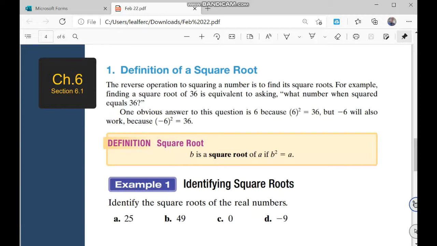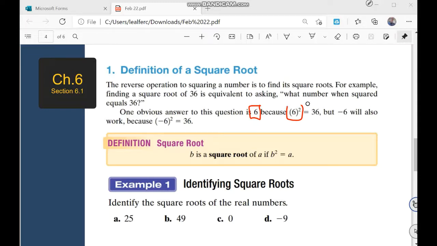If you're squaring number 6, you're going to have 6 squared equals 36. If someone asks you, what is the square root of 36, or give me one square root of 36, you can say, yes, I know that 6 squared is 36, so one of the square roots of 36 is 6. 6 is an answer.